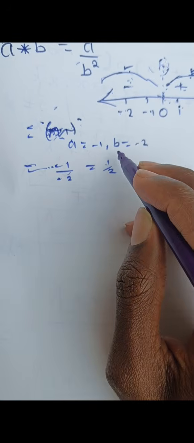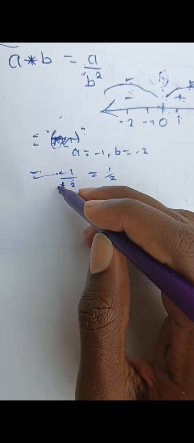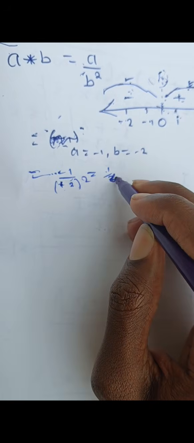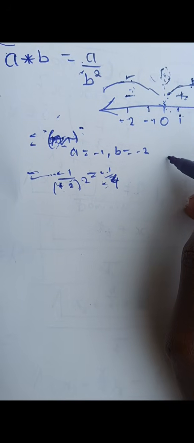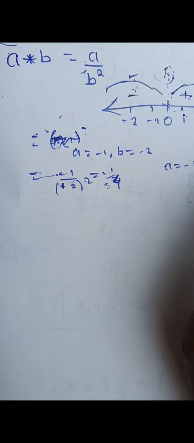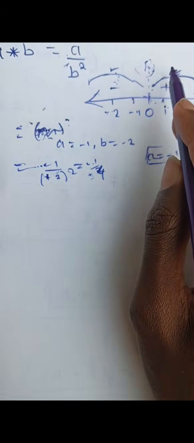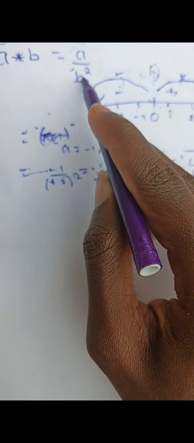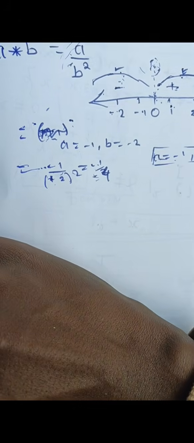I forgot that this is power 2, so it's going to be 4, -1/4. If you want, you can pick maybe -1 as your A, and your B you can pick +1. But as long as you pick any number from this and this, you will still get something that is defined. I want you to get my point here.